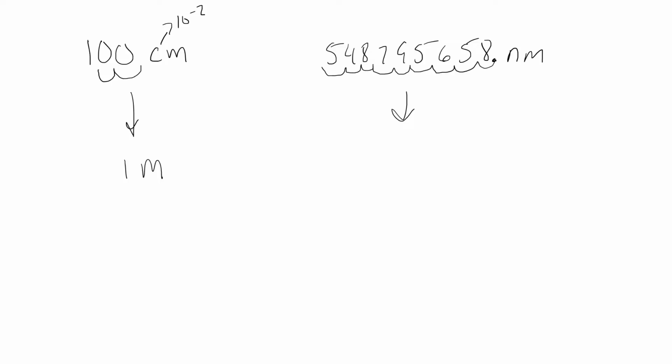All right, let's try another one. Let's do 548795658 nanometers. If I want to convert that into meters, what I can do is take this and go 1, 2, 3, 4, 5, 6, 7, 8, 9.